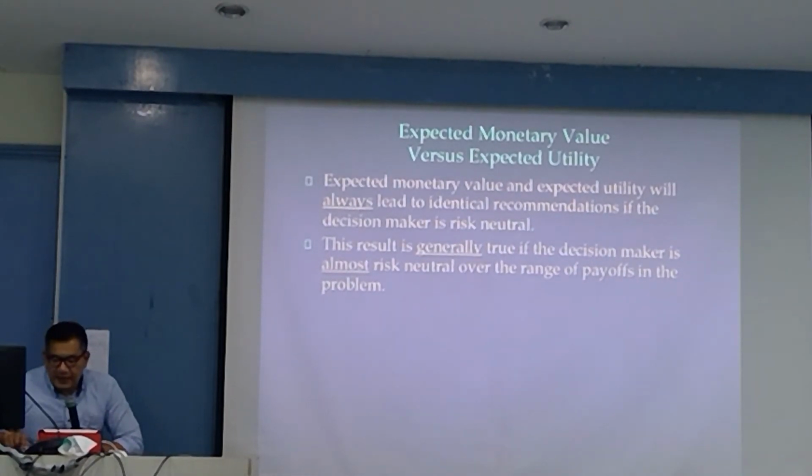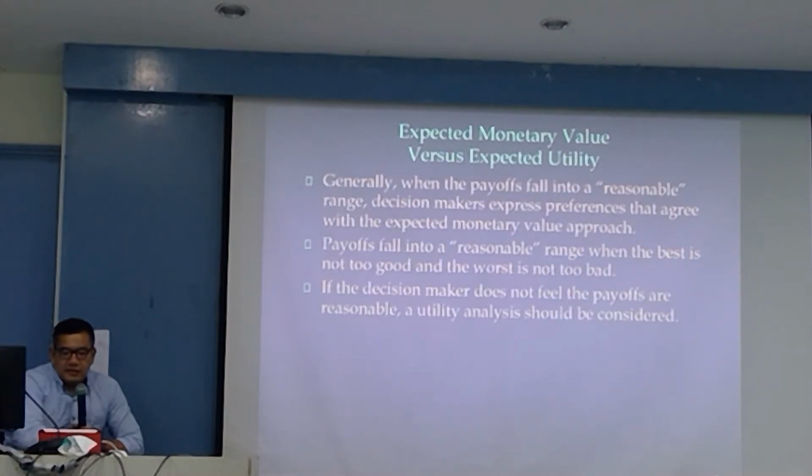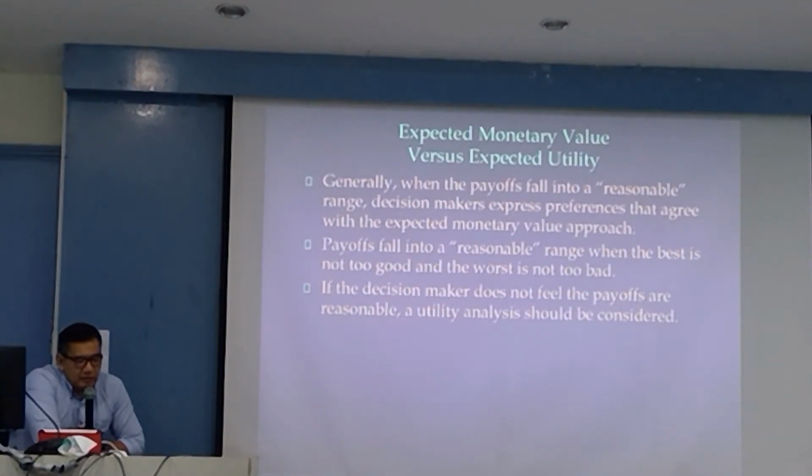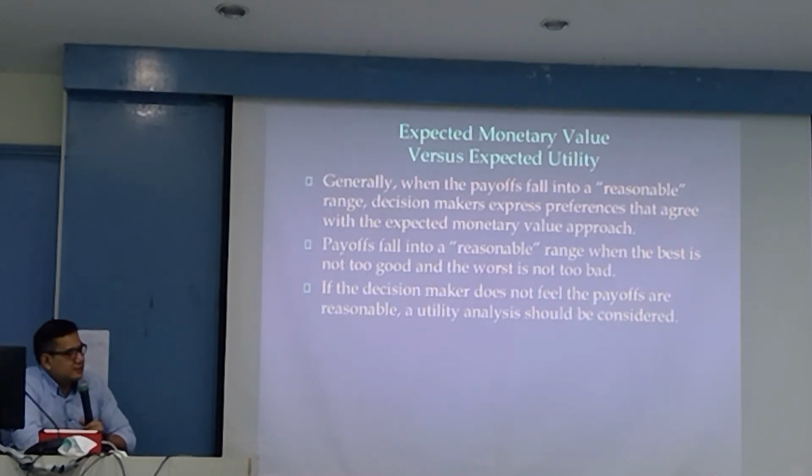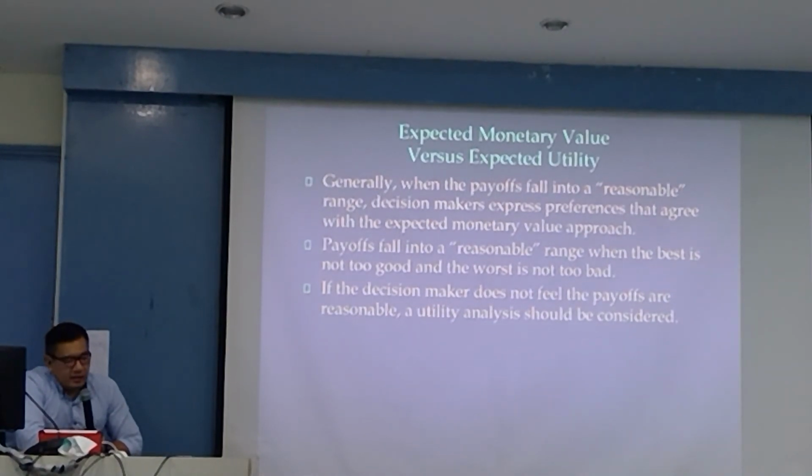But if you have other kinds of decision maker characteristics, such as risk avoider or risk averse, or risk seeker or risk taker, using the expected monetary value is not good enough.